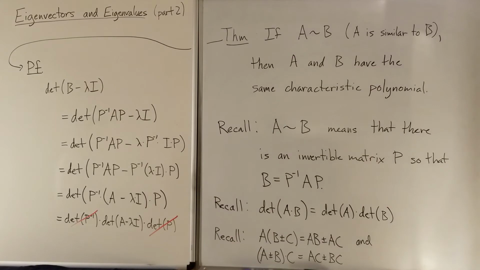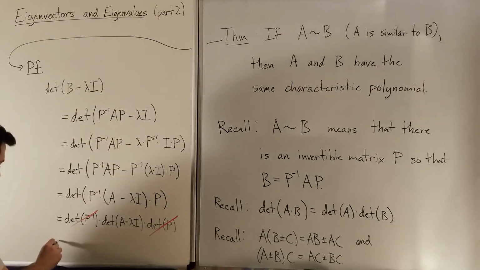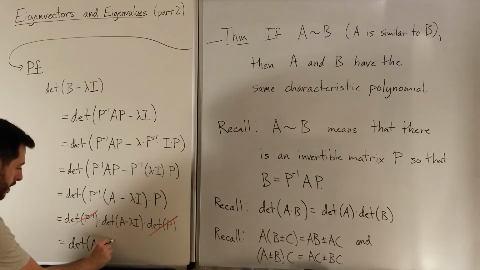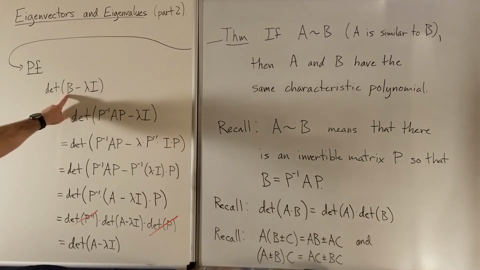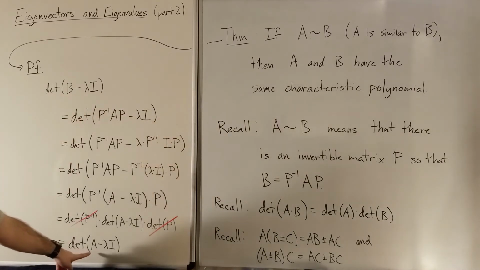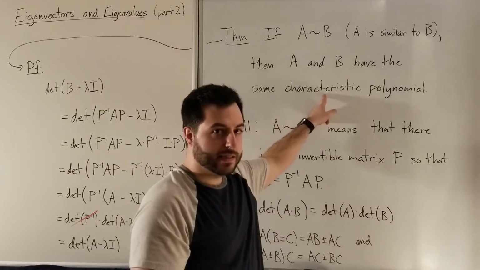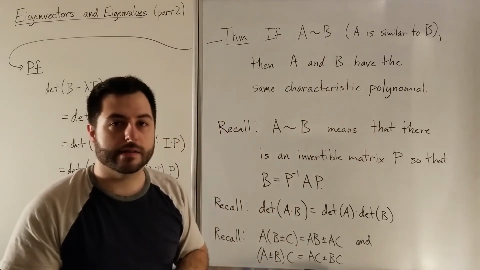They always multiply together to be 1. And that leaves us with just the middle term, which is the determinant of A minus lambda I. So what we just showed is that the determinant of B minus lambda I has to equal the determinant of A minus lambda I, which proves that they have the exact same characteristic polynomial, and therefore they have the same eigenvalues.